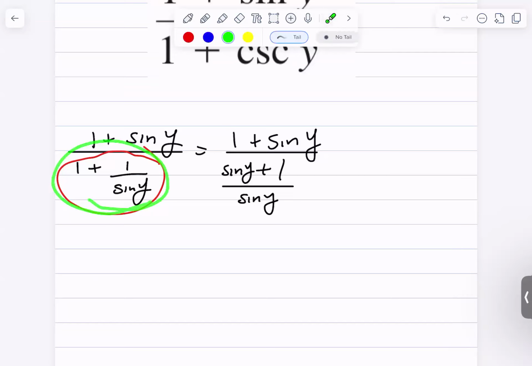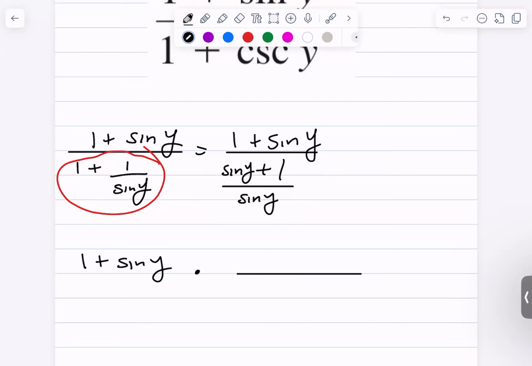This here, common denominator wise, will be that. Okay? So if we keep, change, flip, 1 plus sine y, change and flip my second fraction.